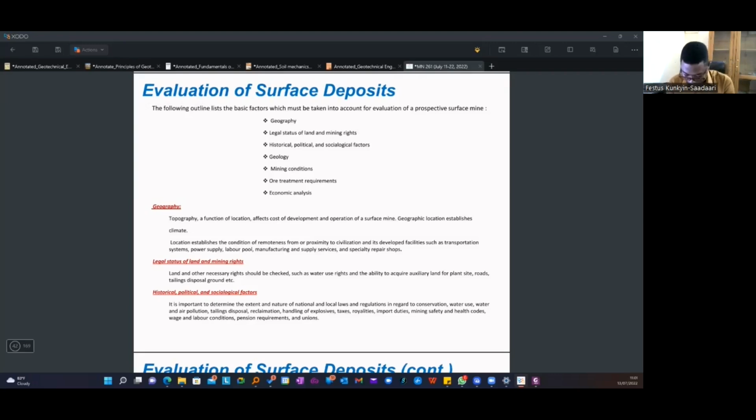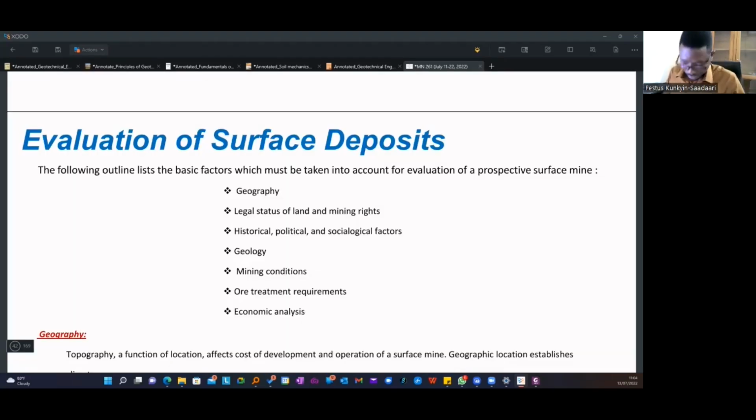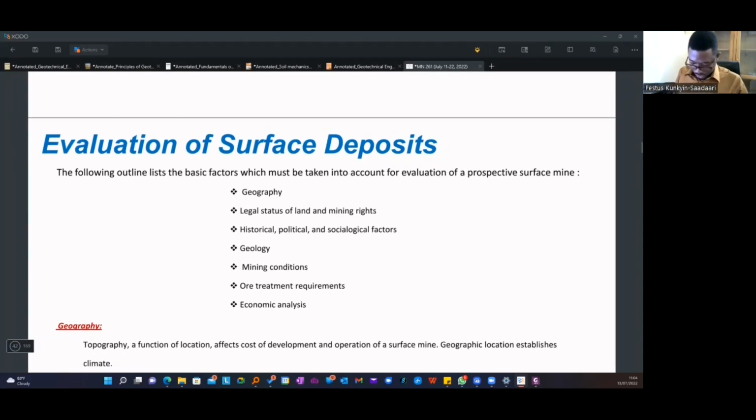So, geography. The geography talks about the topography, which is a function of what? The location, which affects the cost of development and then operation of a surface mine. Geographical location establishes the climate. The location establishes the condition of remoteness and proximity to civilization. So let's have a look at this, which we call evaluation of surface deposit.